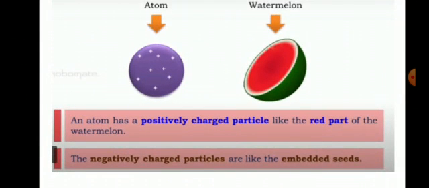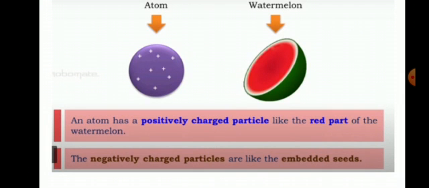An atom has positively charged particles like the red part of a watermelon. The negatively charged particles are like the embedded seeds. Embedded means to fix firmly in a surrounding mass.